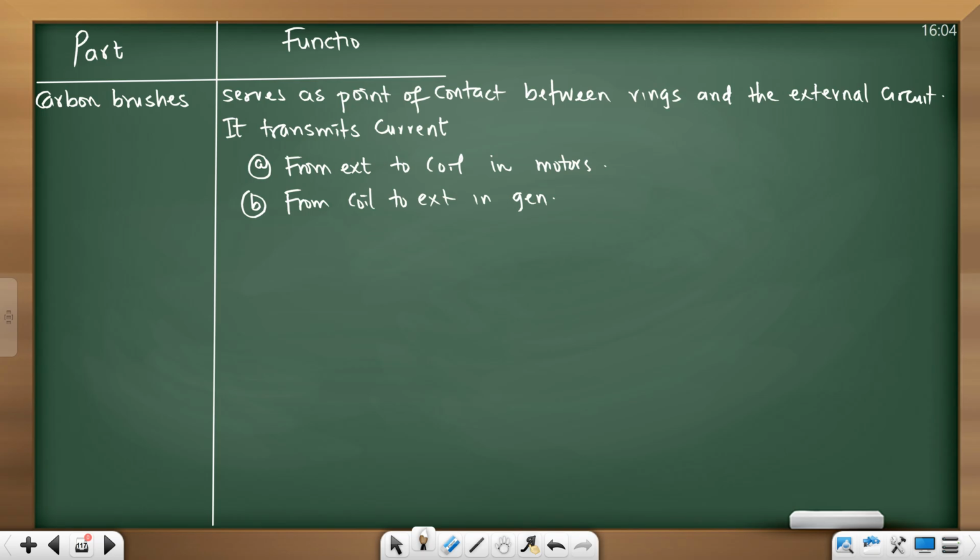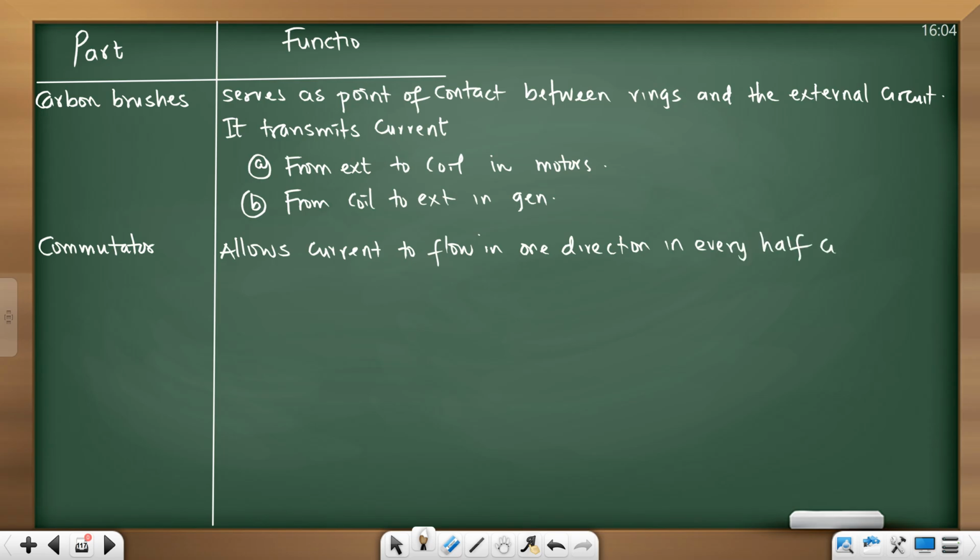What's the next one? Commutator. Allows current to flow in how many directions? One. In every half cycle. So it is present in a DC.